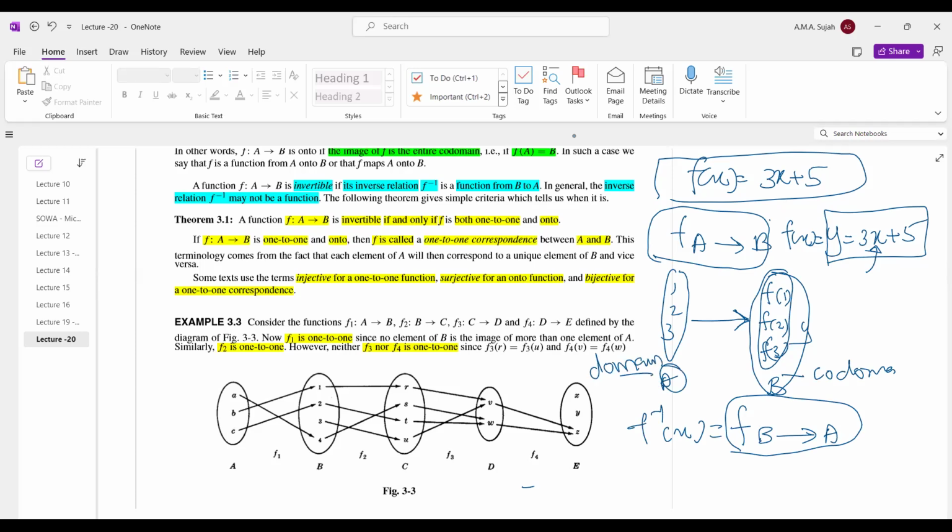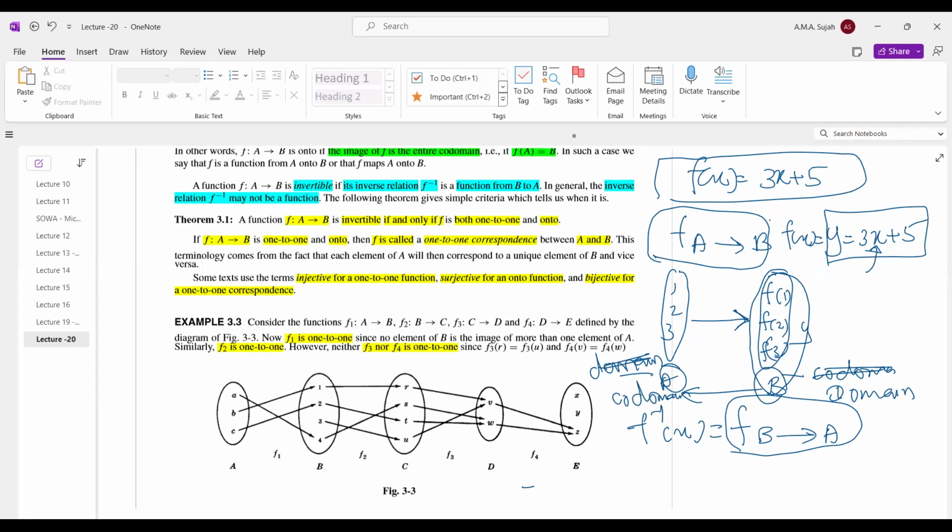In the inverse function, B is considered the domain, because we travel from B to A. So B is the domain and A is the codomain.